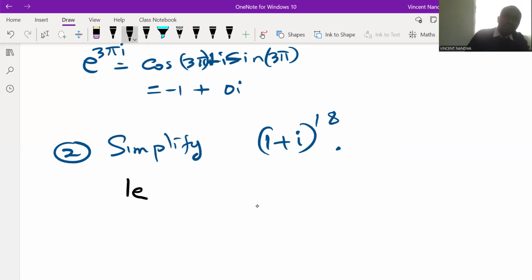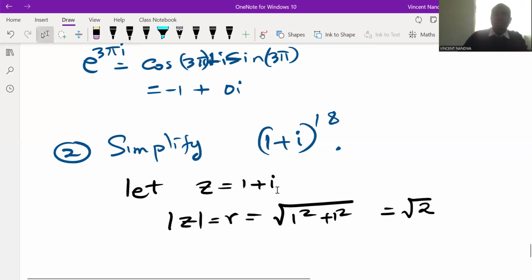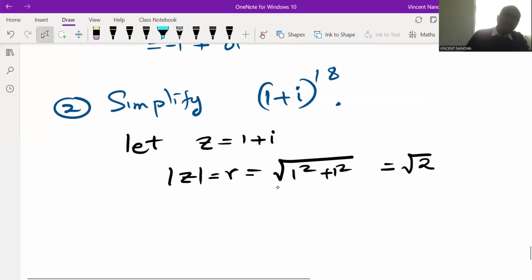So you say let z be given by 1 plus I. So modulus of z, which is r, is the square root of 1 squared plus 1 squared, which is root 2. And then you find the argument.